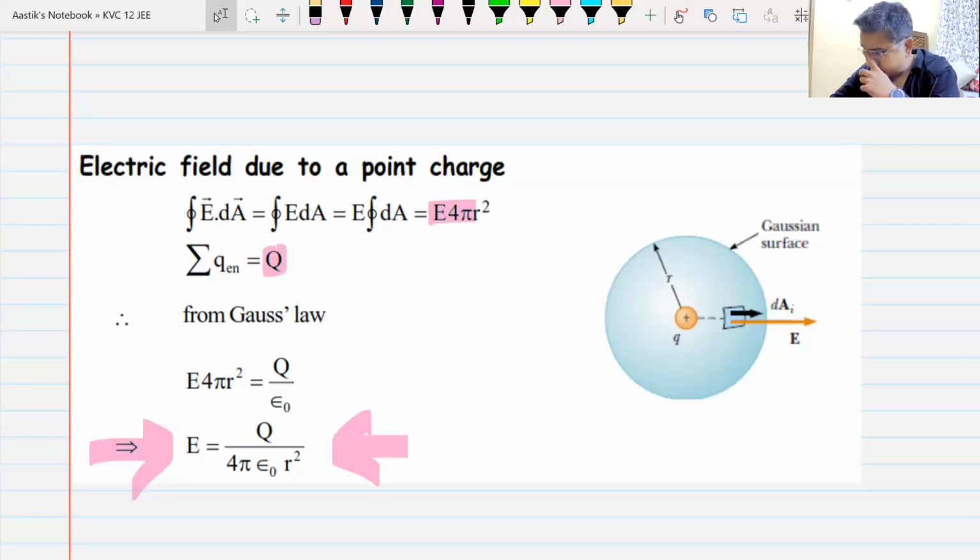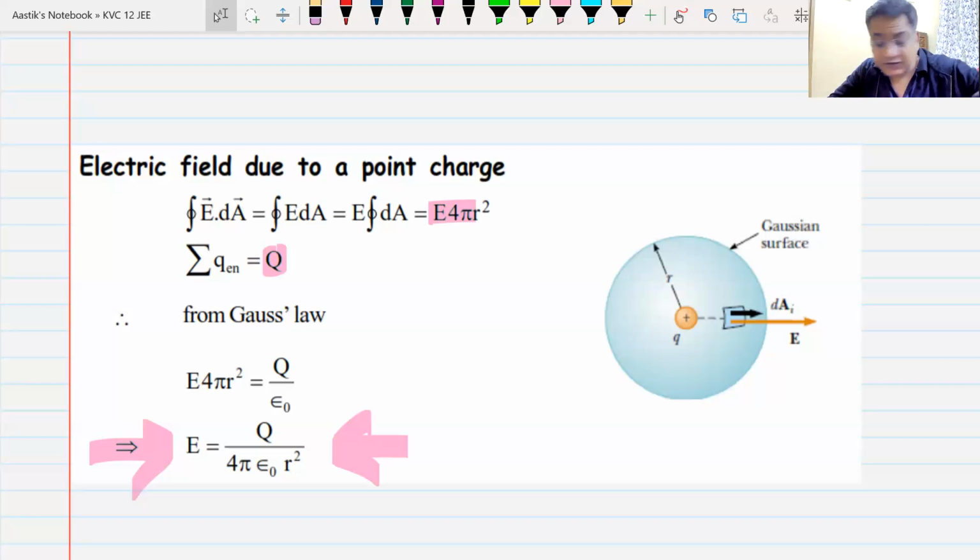Then, point charge, we know the answer. We also know the answer for non-conducting shell. We know the formula of non-conducting shell. Yes or no?